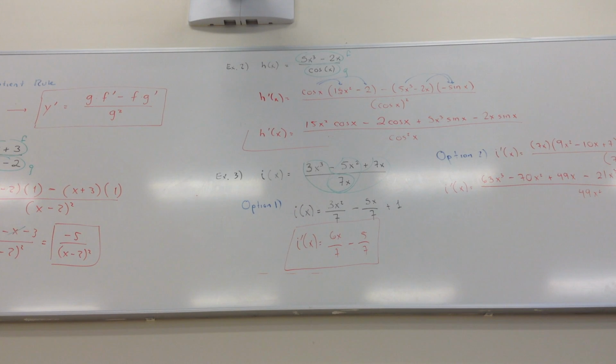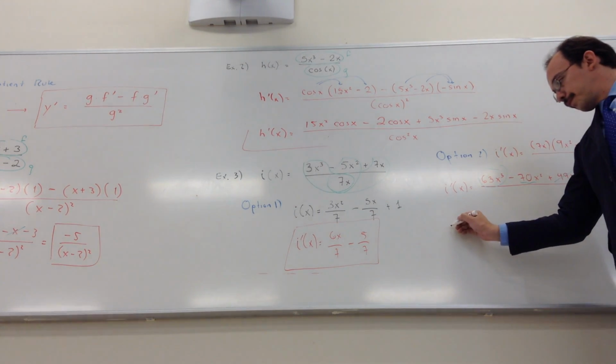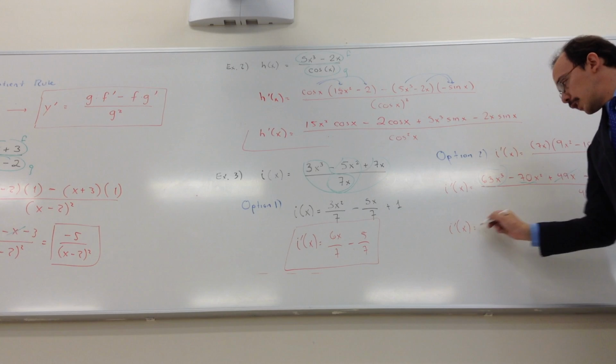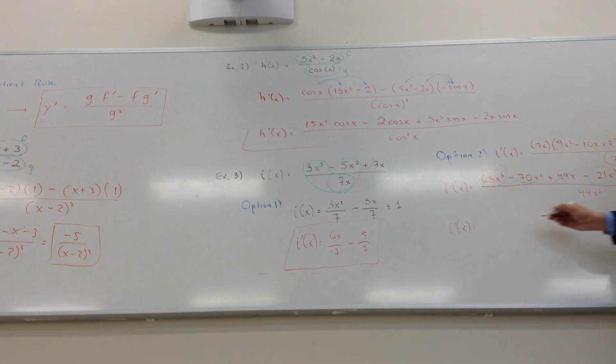Can I simplify a little further? Yes, I can. 49x, you can relate 49. Yeah. Cancel these two. Add this one with that one. Add this one with this one, right? Yes. So 63 minus 21.